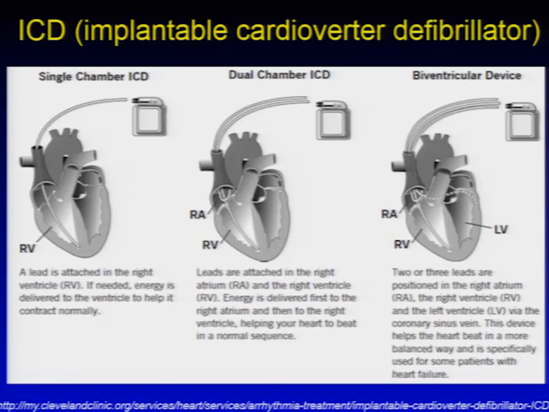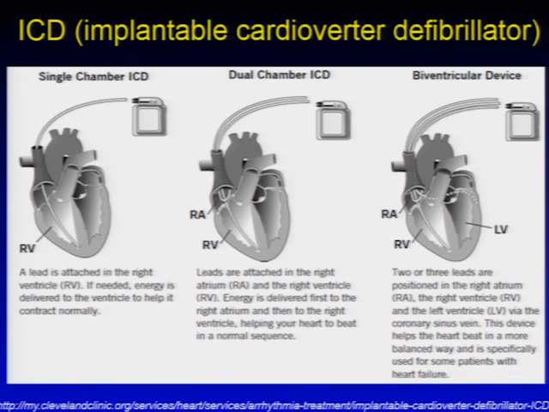ICD is the implantable cardioverter defibrillator, and you may have heard of single chamber ICD, dual chamber ICD, and biventricular device, but the ICD portion is the same, which delivers the cardioversion through the catheter tip situated in the right ventricle.